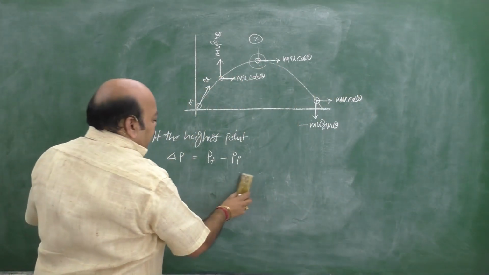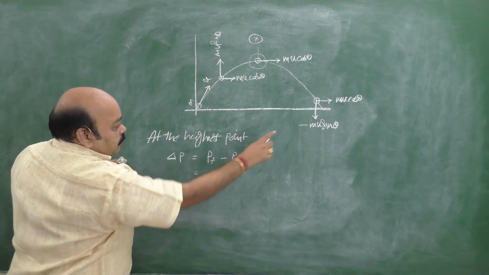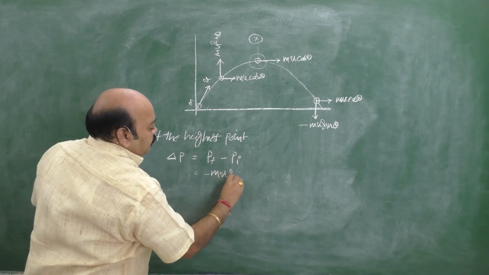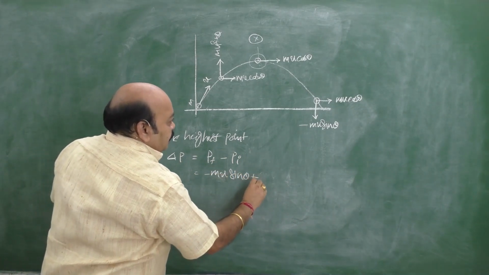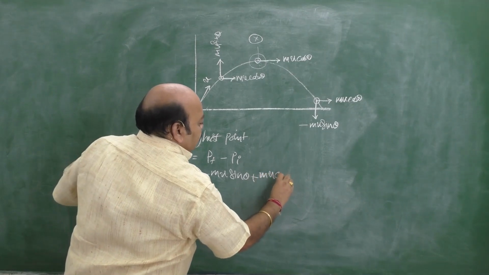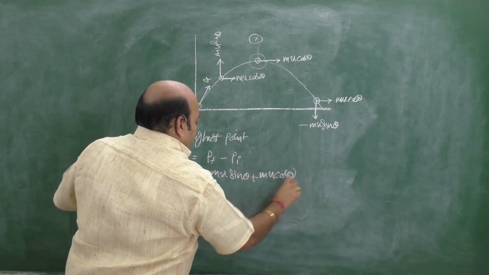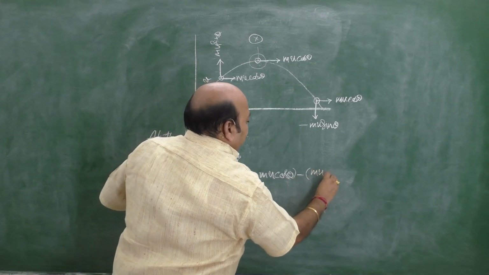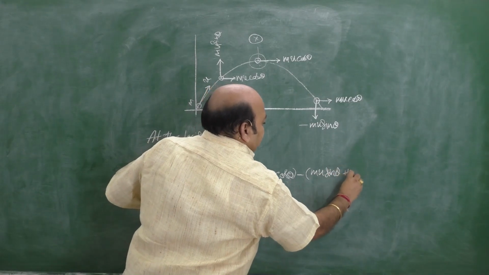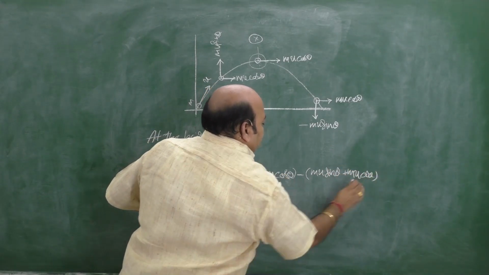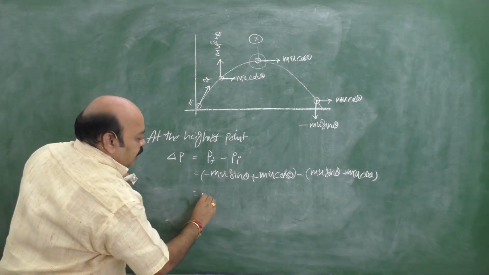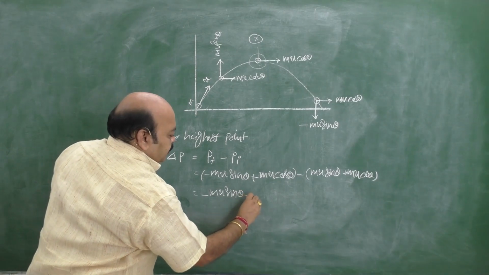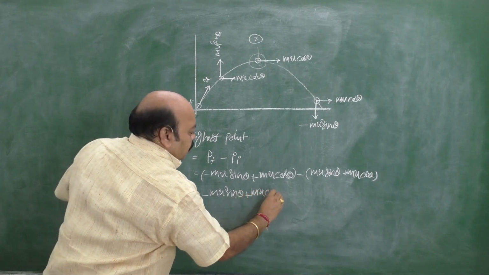What is the change in momentum? The final momentum is minus mu sin theta plus mu cos theta, minus the initial momentum, mu sin theta plus mu cos theta.